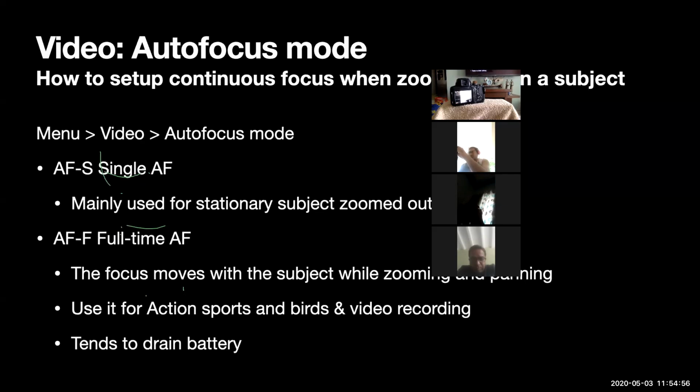It is at one place, whether it is a tiger or a bird. You have taken a photograph with your auto mode or any other mode, you have already homed in on that particular object, and now you're taking a video of it.